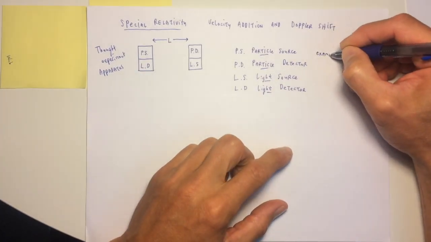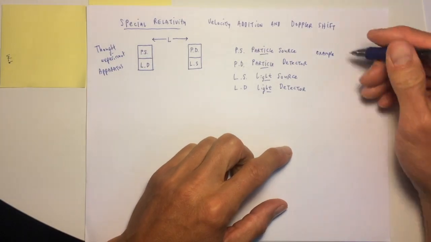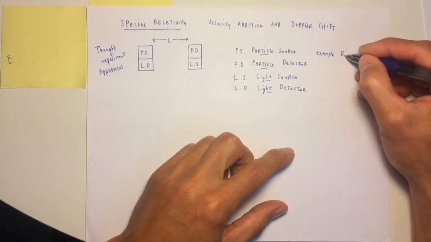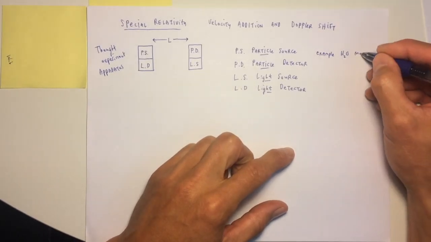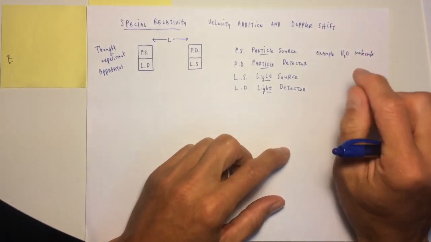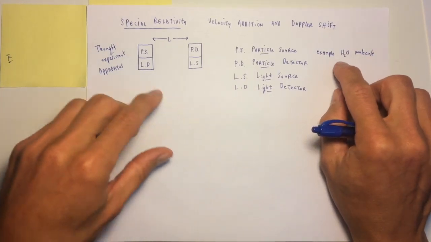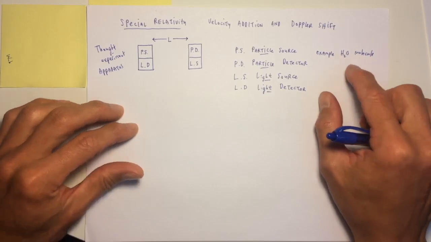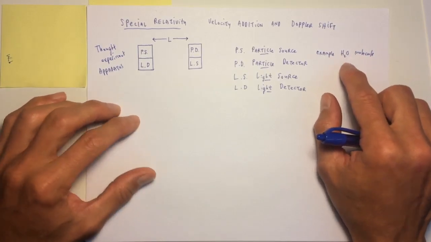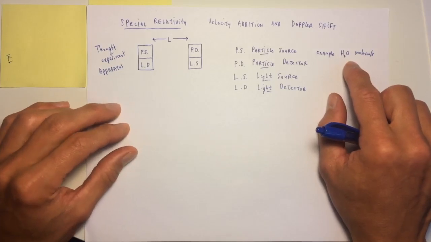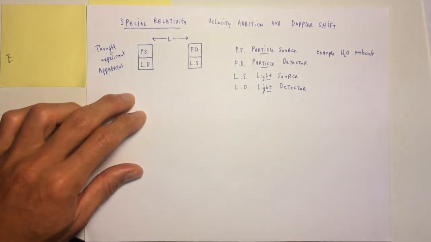So an example could be, honestly, a little water molecule or something like that. It could be an automobile, but an automobile is kind of a big thing. So something small, like a water molecule, or even like a small pellet or a grain of sand or something like that. Doesn't really matter what it is.